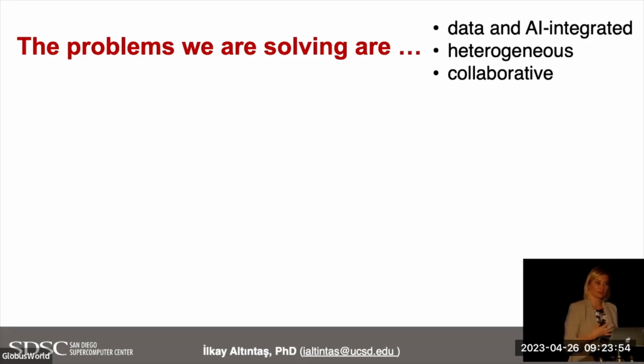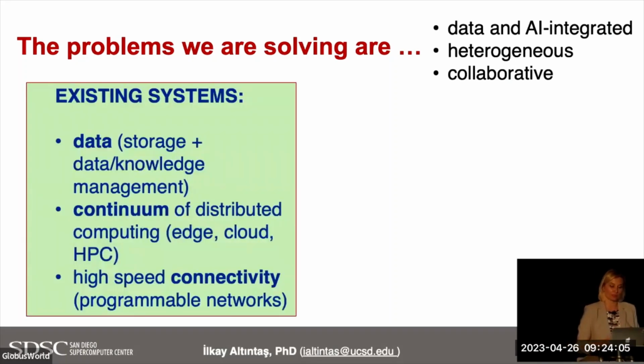You know, I can work in my preferred environment with data and AI integration, but then I need to bring that together, and that composability of data, computing, and connectivity through high-end networks, programmable networks, become sort of pattern for a lot of many system workflows.